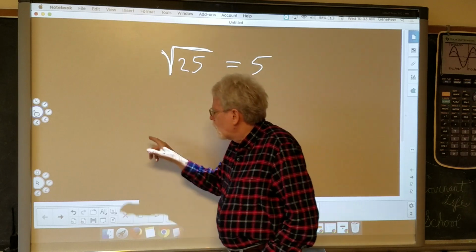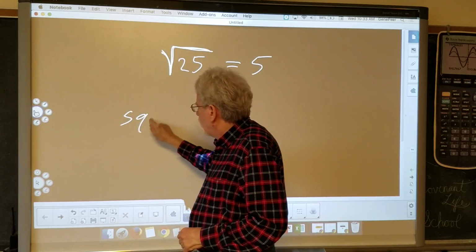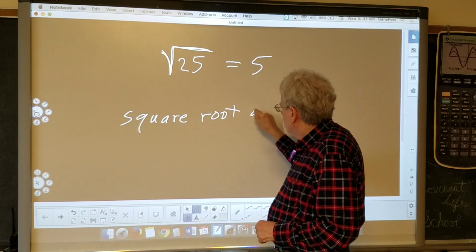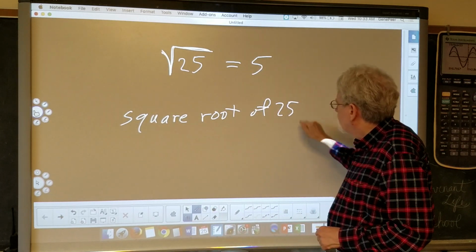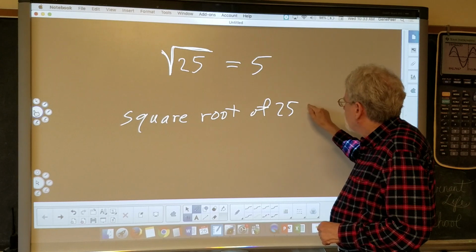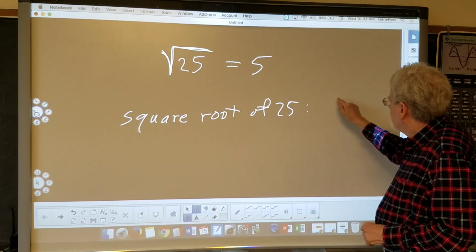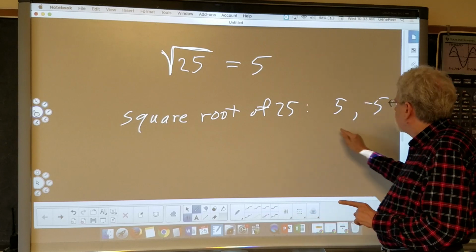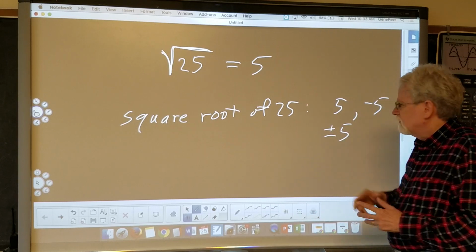So if you see the words square root of 25, there are two answers. They are 5 and negative 5, which is more commonly written as plus or minus 5.